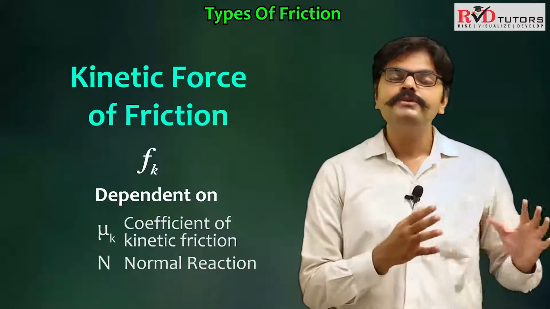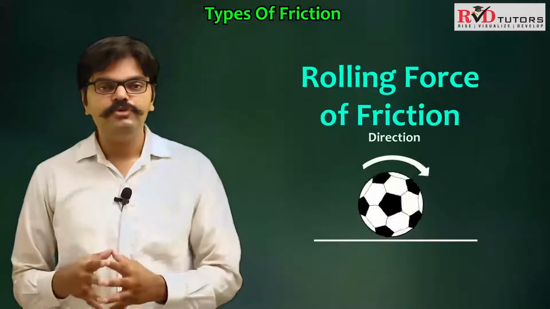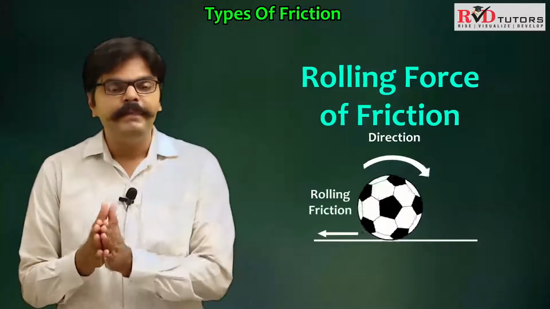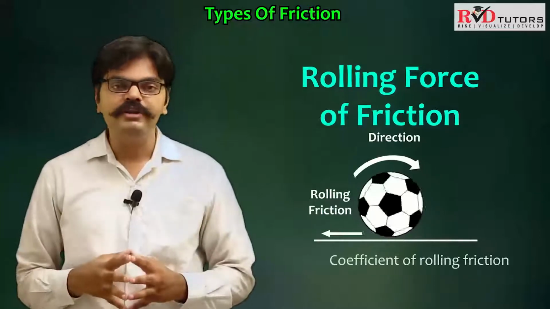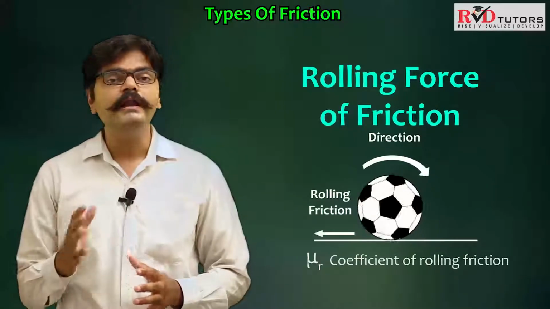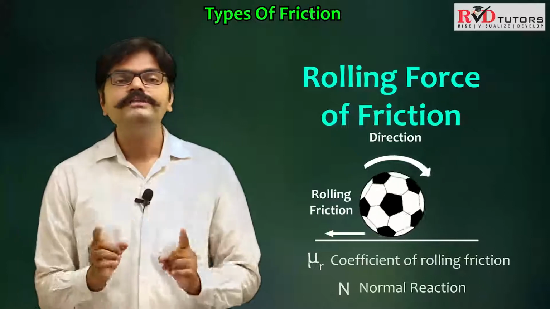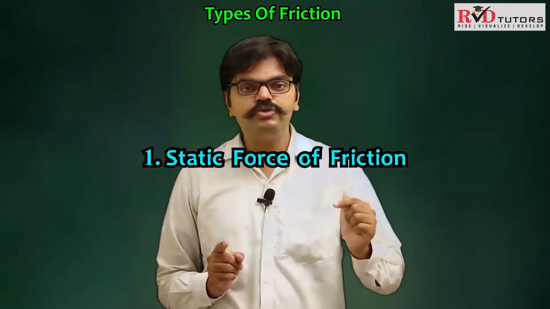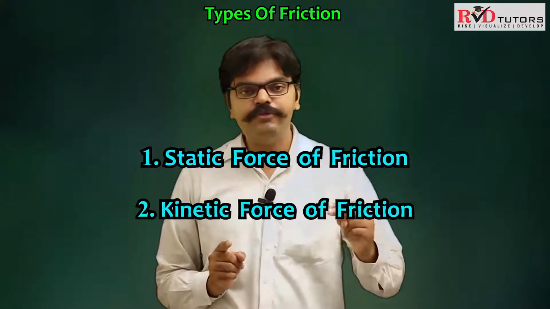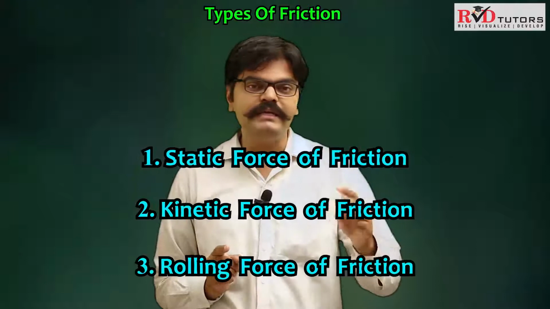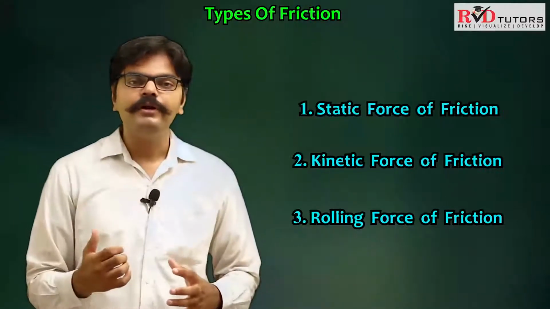Moving ahead, rolling force of friction as well is dependent on the coefficient of rolling friction denoted by mu r and a normal reaction. Now friends, you need to remember one thing, that this order, which involves first static force of friction, second kinetic force of friction and third rolling force of friction, is very important.